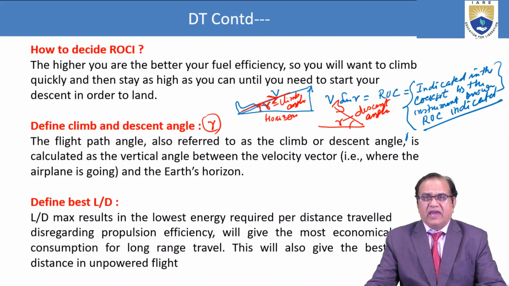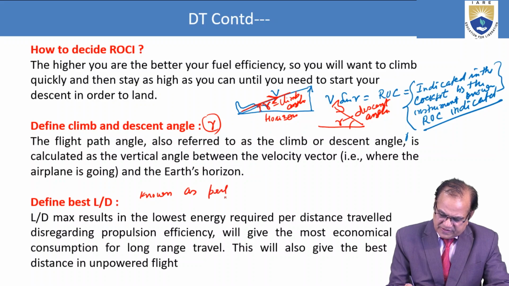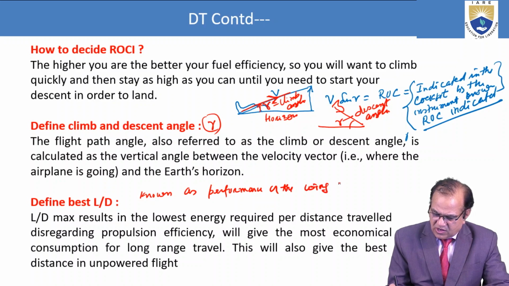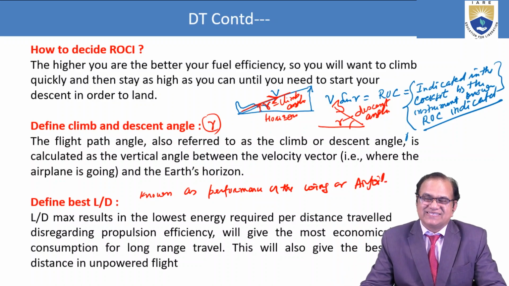Define L by D ratio. This L by D ratio is also known as the performance of the wing or airfoil. Efficiency, another way we can say that it is efficiency also.